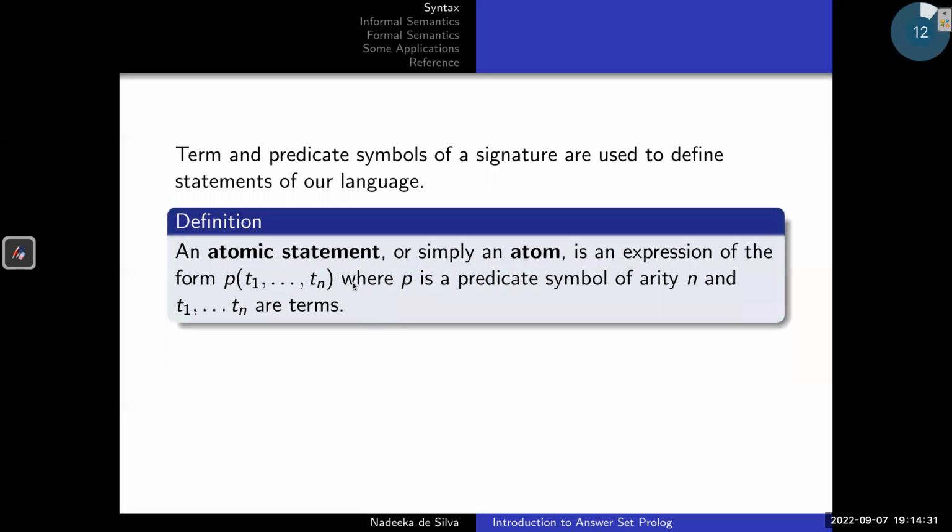Okay, now we have this atomic statement. For a predicate, by inputting terms, we get an atomic statement. So if t1 to tn are terms and P is a predicate of arity n, I can input these terms into the predicate and build an atomic statement.